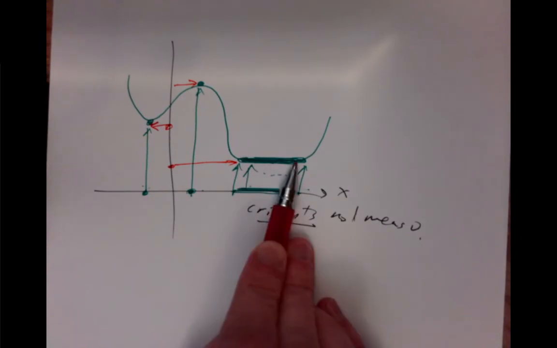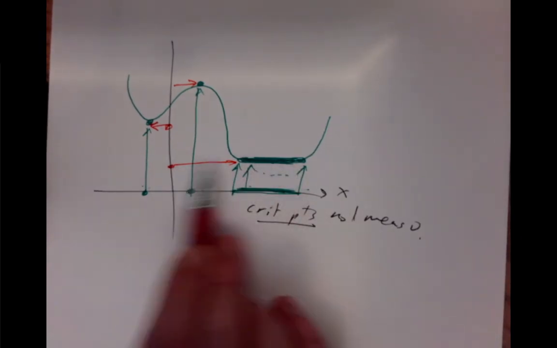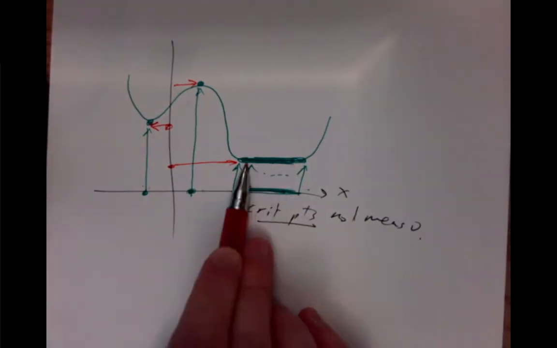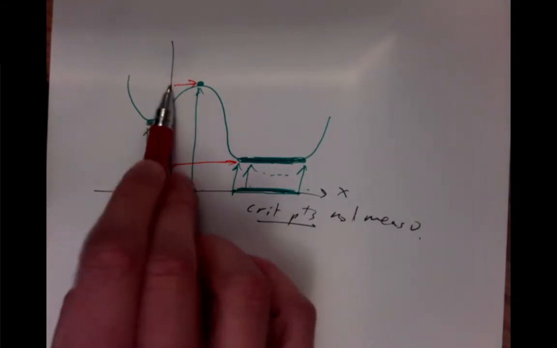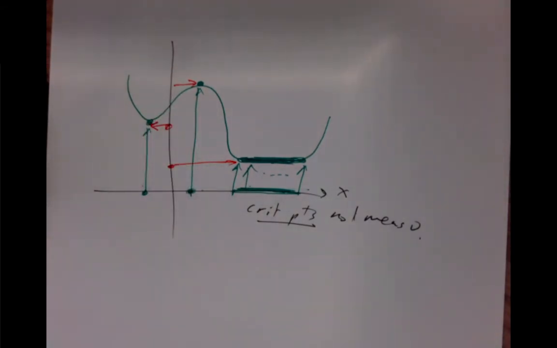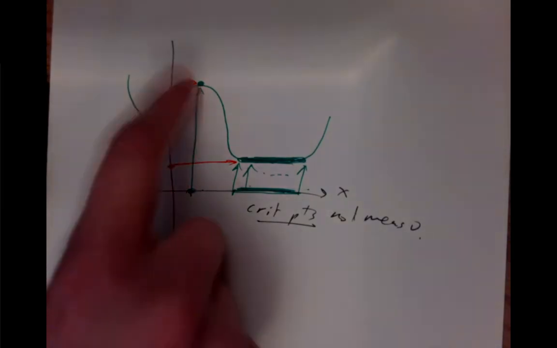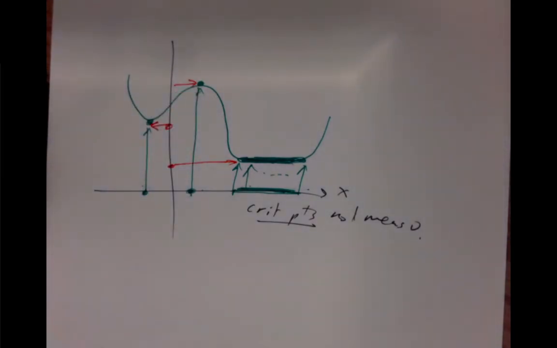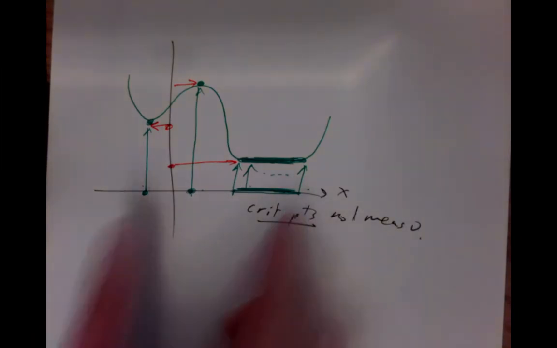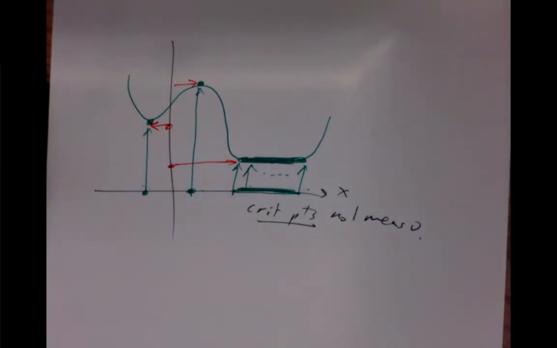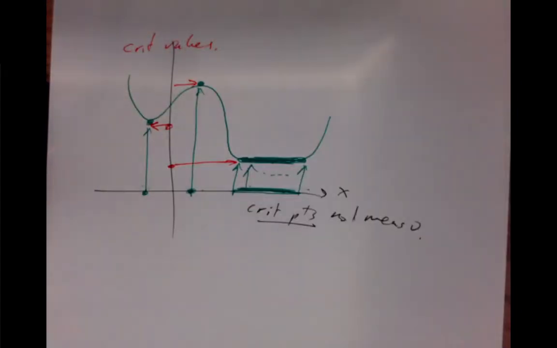So there's a whole range of critical points, but only one critical value. So we've got 3 critical values. And so it is correct. Sard's theorem is working perfectly well here. It's getting the right answer. The critical values form a measure zero set, but the critical points do not. So these are the critical values. That's why we have to be careful about whether it's critical points or values we're looking at.